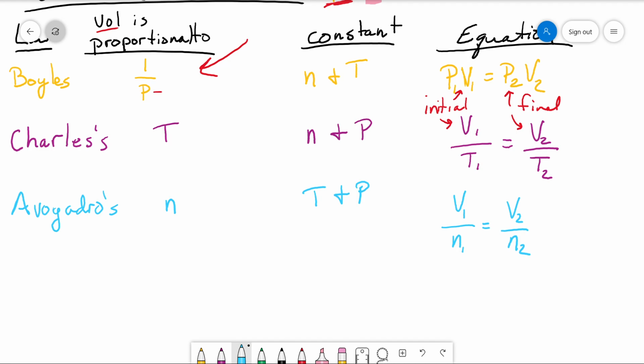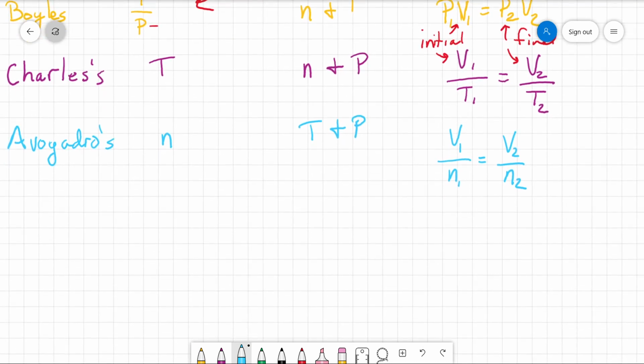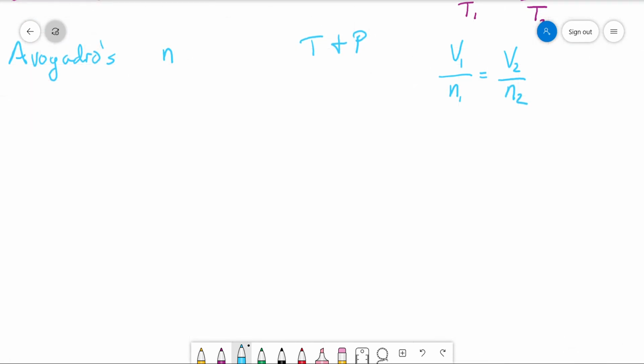All right, and there are other gas laws. Okay, there's lots of other gas laws. Well, maybe not lots, but there's a few other gas laws. So we can rearrange PV equals nRT into any gas law we want because it has all the variables there. Pressure, volume, moles, R, of course, and temperature.